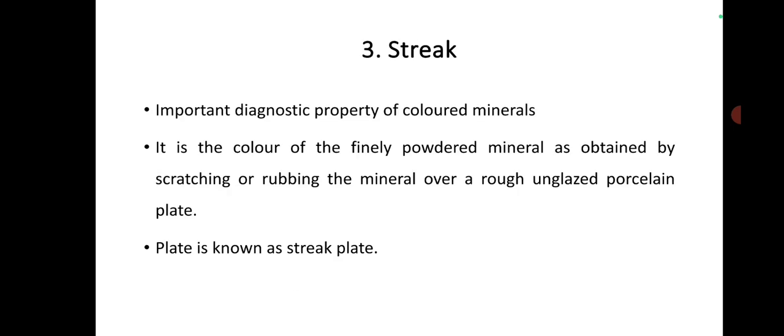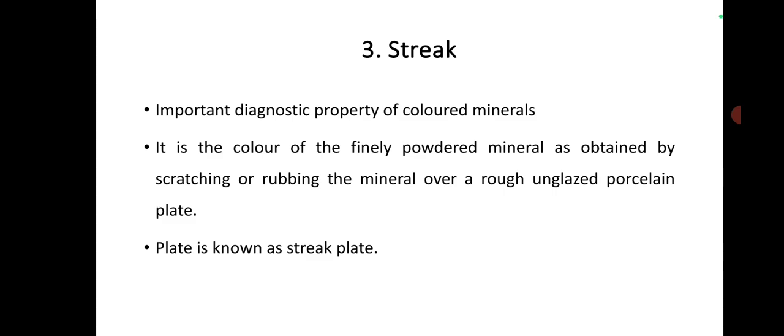So basically you may be asked, what is the difference between color and luster? Color is a light dependent property, the appearance of a particular object in light, and the color of a mineral is the color of the wavelength of light which is not absorbed by the mineral due to its particular chemical composition and specific atomic structure.